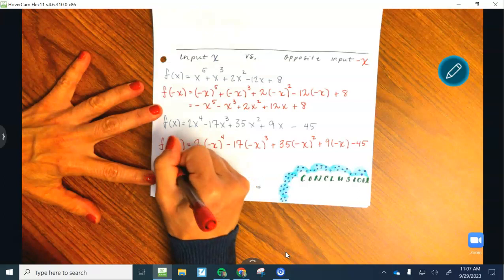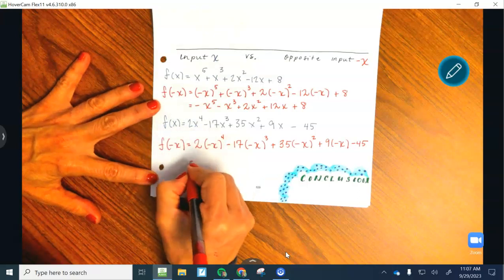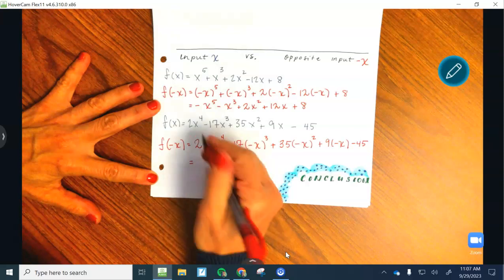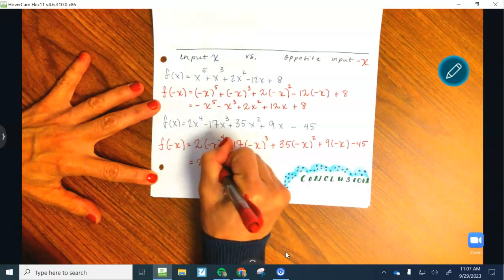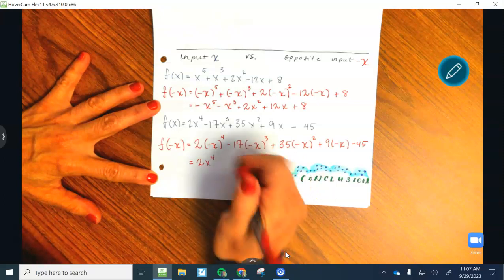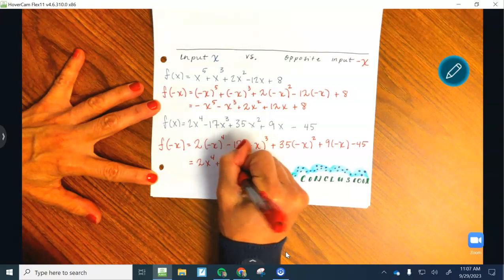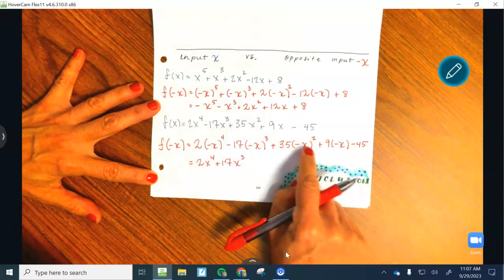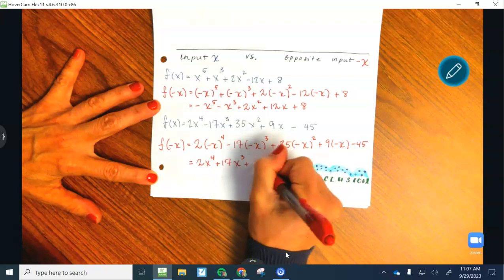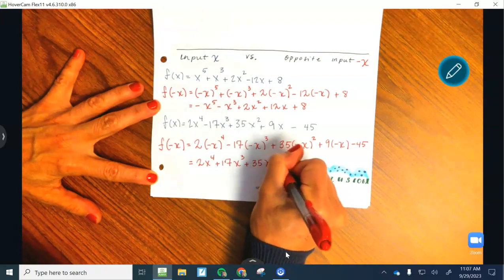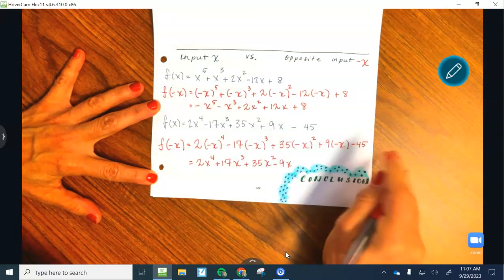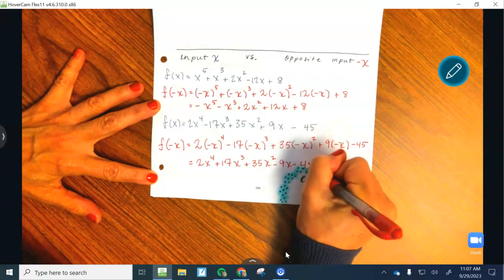Okay, so this is going to turn into negative, even, turns positive. Negative, odd. This is going to be a negative times a negative, which turns into a positive term. This is going to be a positive times a positive, which stays plus 35x squared. Negative times a positive is a negative, and then we're going to go ahead and write the minus 45.